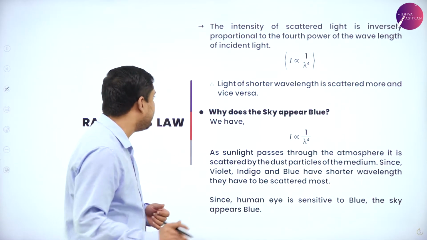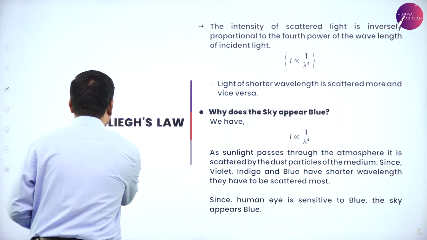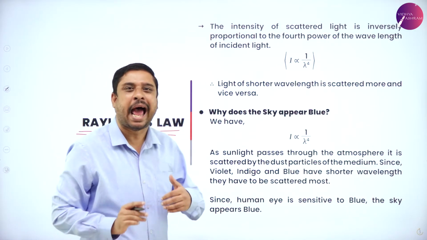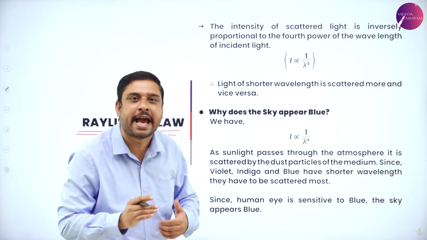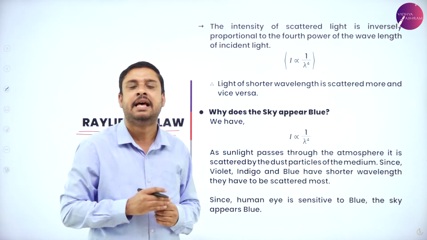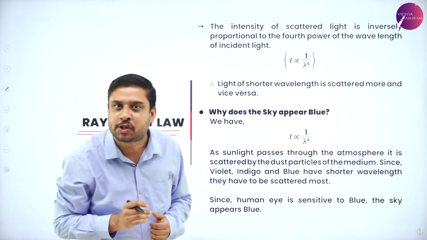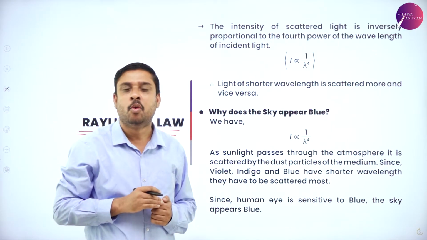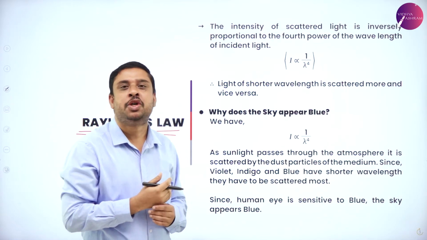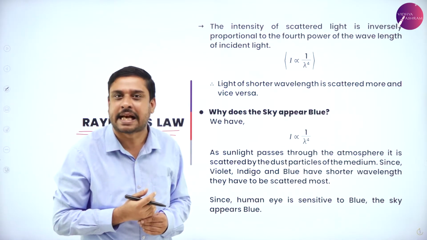Now, a very, very important law, Rayleigh's Law, which will actually explain beautiful phenomena like why the sky is blue in color, and why it is red or orange during sunrise or sunset.